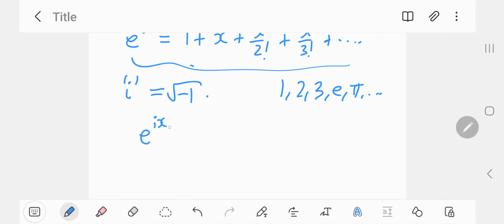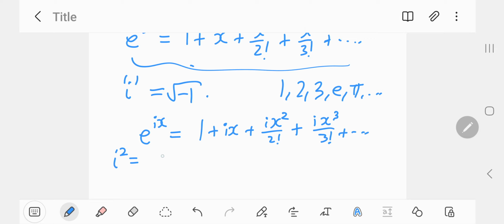So if we have e to the x, e to the ix is just the same thing but with an i before the x. The i is the coefficient, the thing in front of the x, plus ix cubed over 3 factorial plus dot, dot, dot, noting that i squared is -1, because i times i, the square root of -1 times the square root of -1, you actually get a real number, -1.